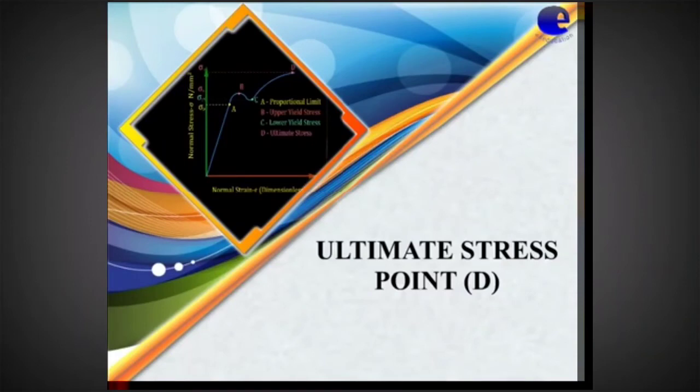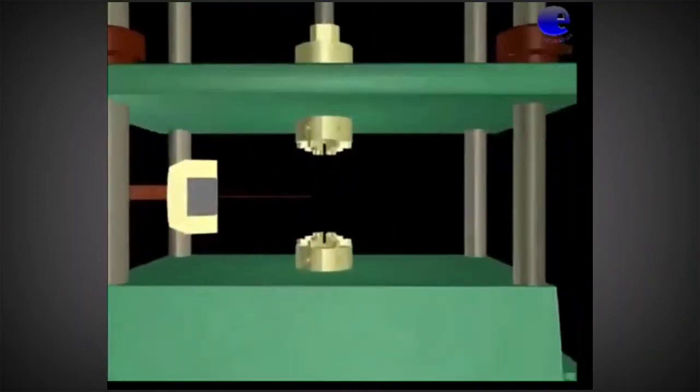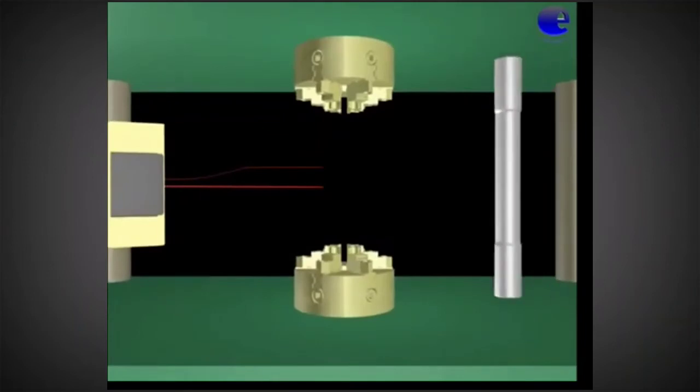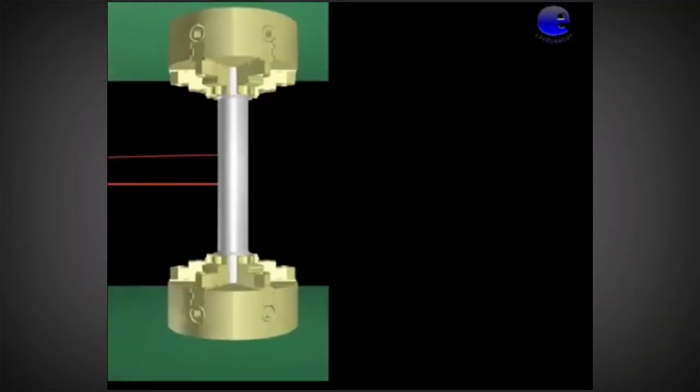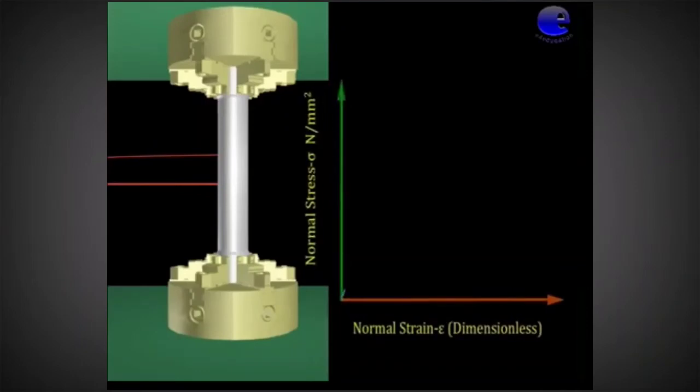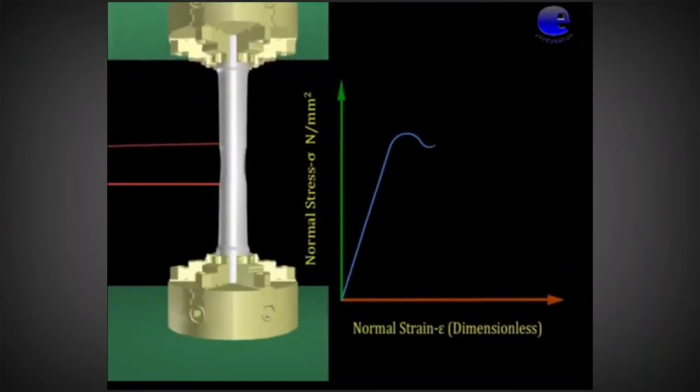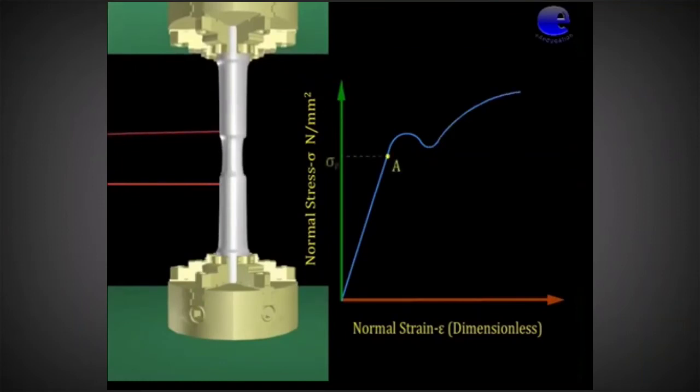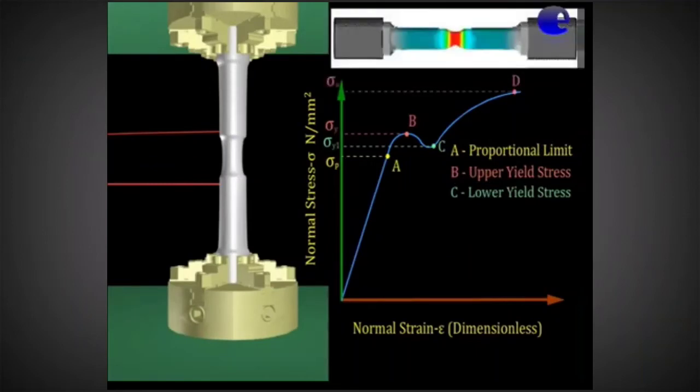Ultimate stress point, that is D. Let us see the curve. Point D indicates the maximum load which can be placed prior to the breaking of the specimen. It is the maximum stress attained by the material. The stress corresponding to the ultimate load is known as ultimate stress.